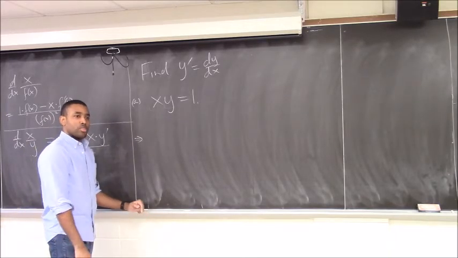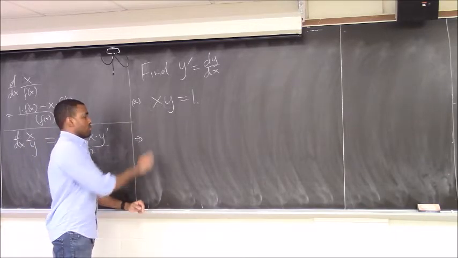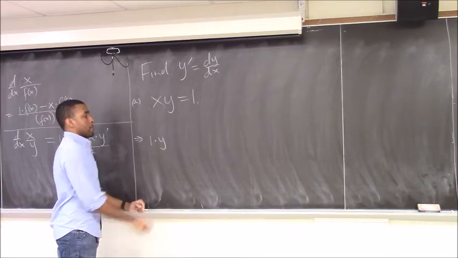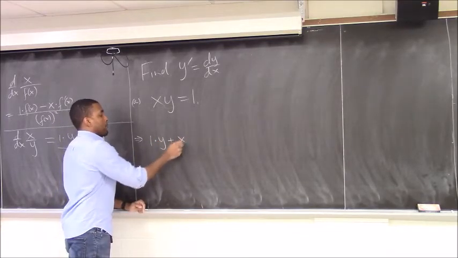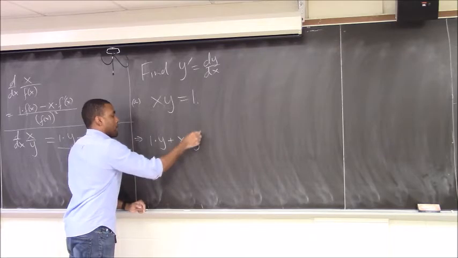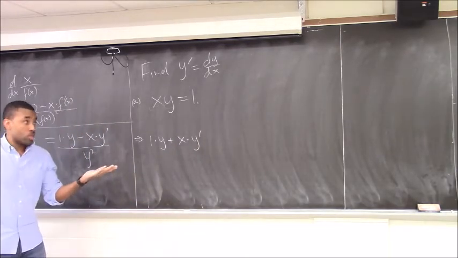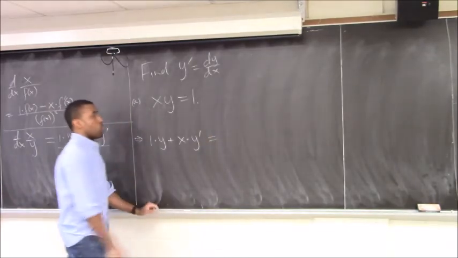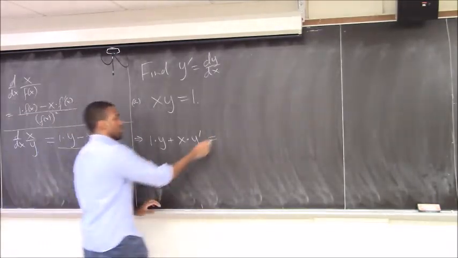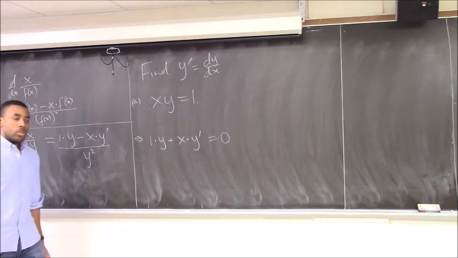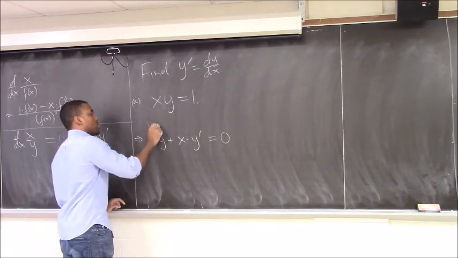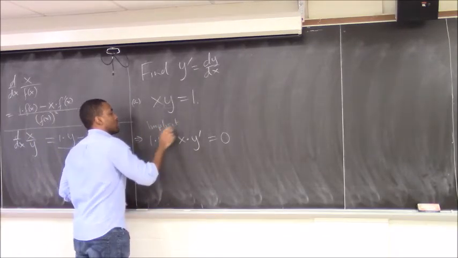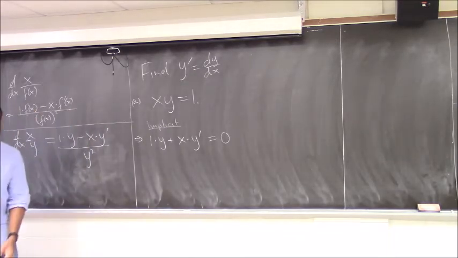So what is the product rule? 1 times y plus x times y prime. Y is some function I don't know, so its derivative I just write y prime to represent its derivative. What's the derivative of 1? 0. So what you just did was implicit differentiation. You implicitly found the derivative.